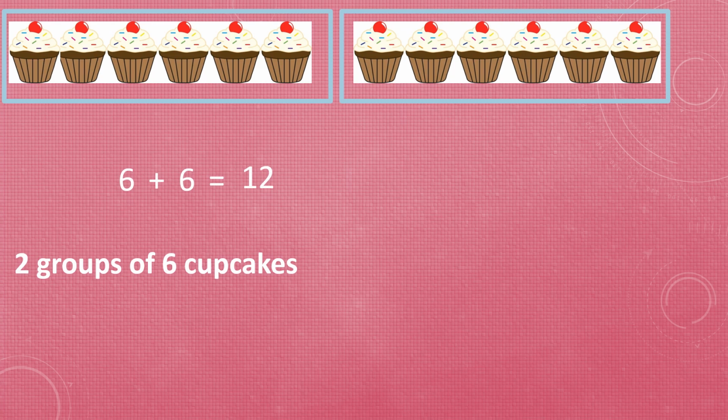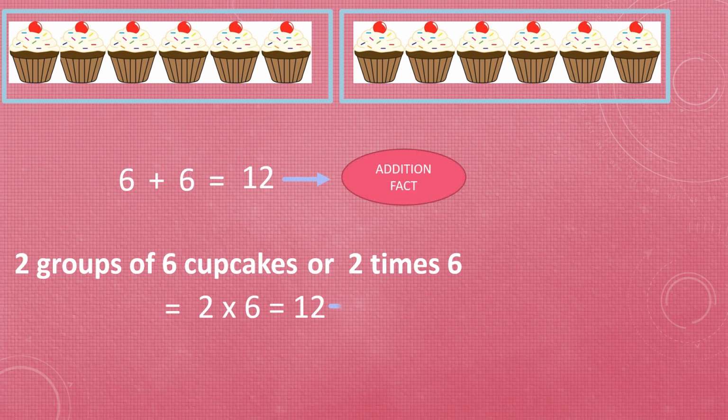Or since we're learning multiplication, let's see 2 groups of 6 cupcakes, which will be equal to 2 times 6, or we write 2 times 6, and times is replaced by the sign of multiplication. So 2 into 6 will also be equal to 12. So here is our addition fact, and this is the multiplication fact for this question.